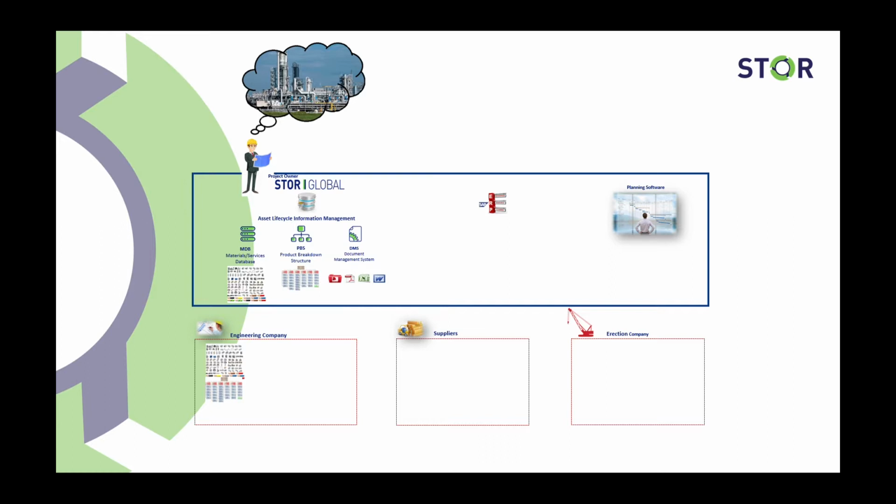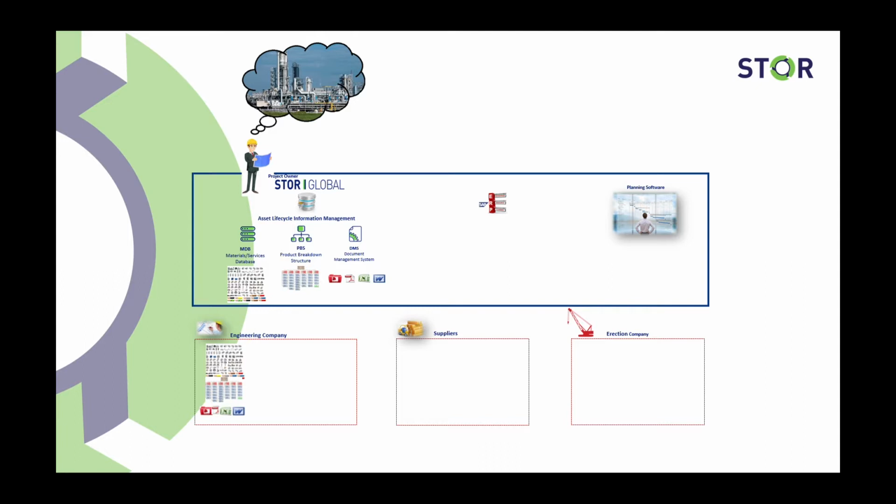In the next step, we have the DMS sending document templates to those hired engineering companies. Those templates include technical information, data sheets, guides, company manuals, and drawing templates, among other standards from the hiring organization.